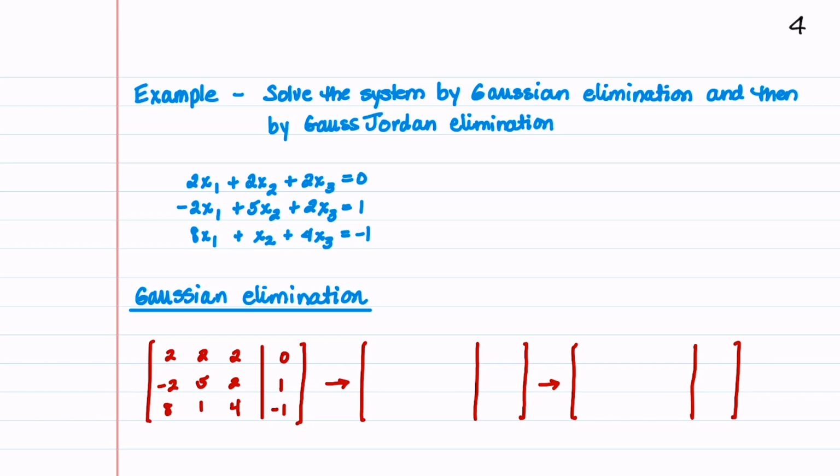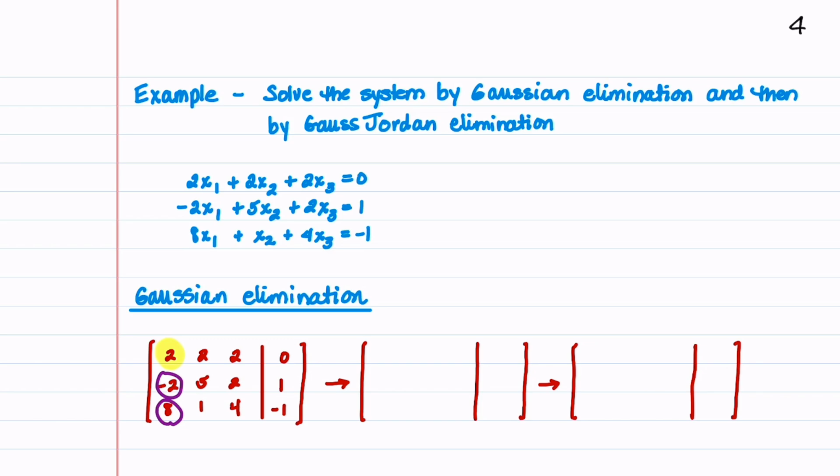We're going to begin by highlighting our first leading entry. And what we want to do then is get a 0 below the leading entry. The way we're going to do that is we're going to use row operations to make these numbers that I've circled in purple become zeros.